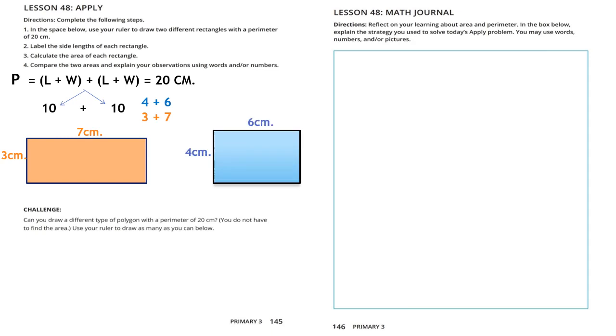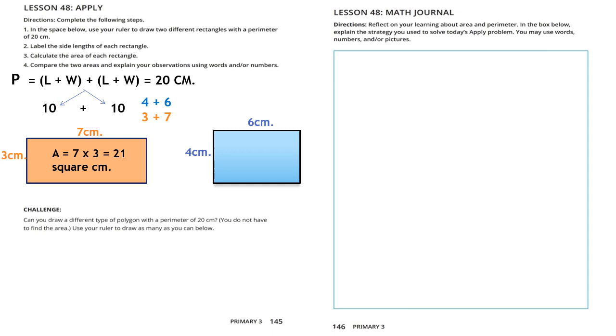Now let's find the area of each one. The area here equals what? We said before, area of a rectangle equals length times width. So it will be 7 times 3 or 3 times 7 equals 21 square centimeters. Here we want to find the area.